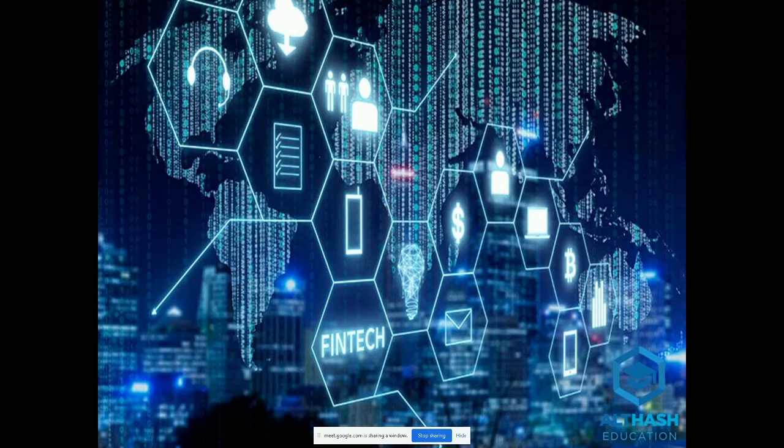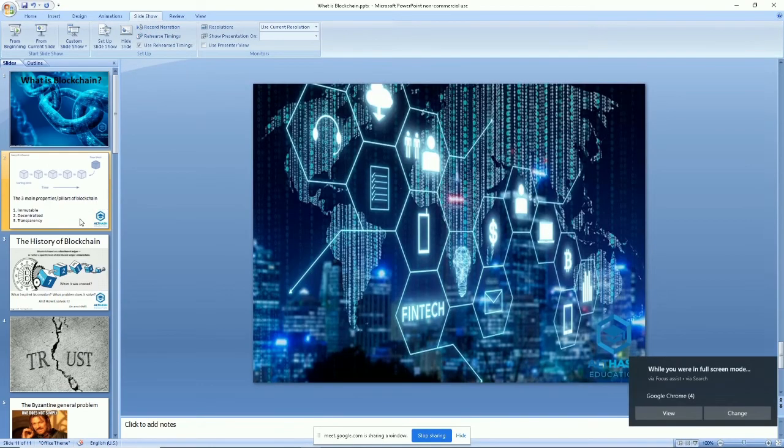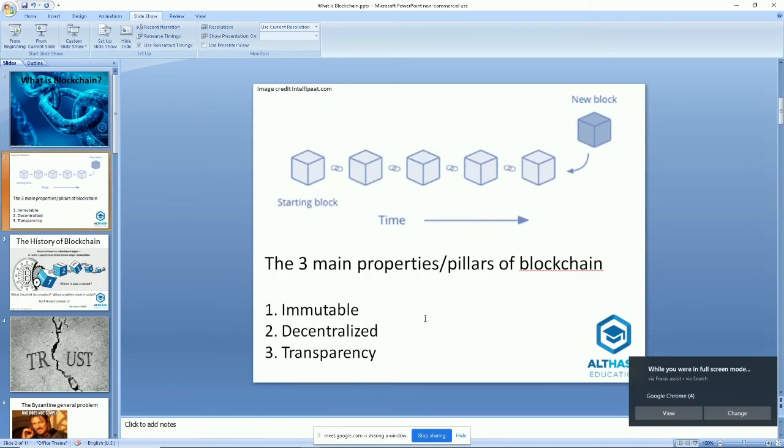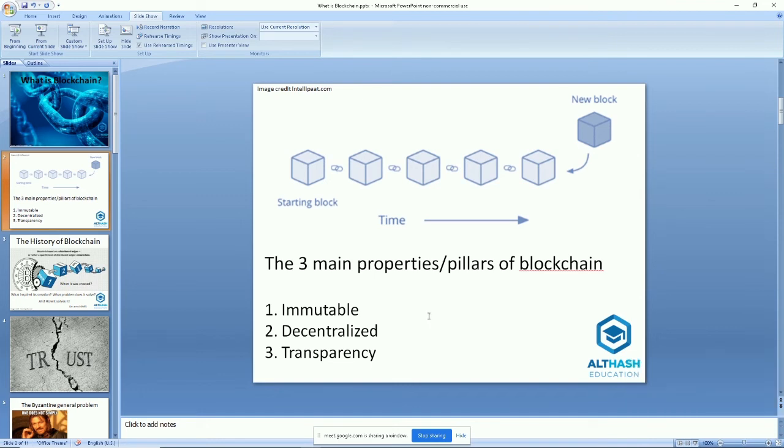Explain the immutable part, please. Okay, fantastic. So let me get back to where I was in the immutable process. Simply, the definition of immutable means it cannot be deleted, altered or changed. Remember, a blockchain can be used in fintech, financial technology, whereby the data is about financial transactions.